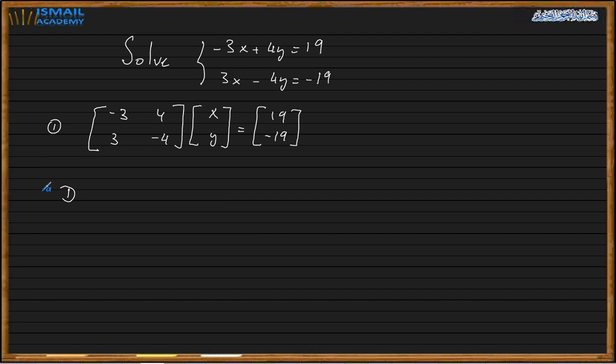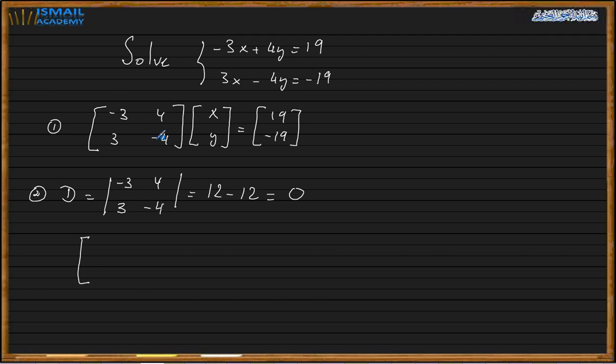So first let me find my determinant. Minus 3, 3, 4, minus 4. 12 minus 12 equal 0. Then what I do next, when it's equal 0, I will do my TCM test. So I multiply the transpose of the cofactor matrix of the coefficient matrix.